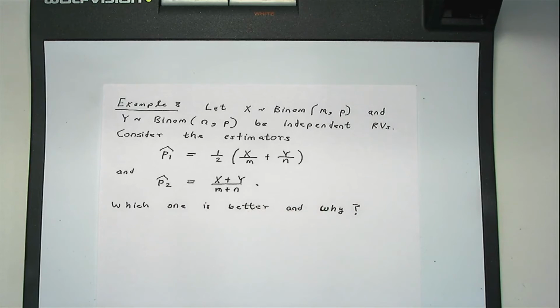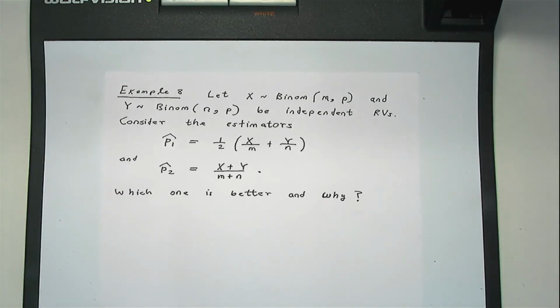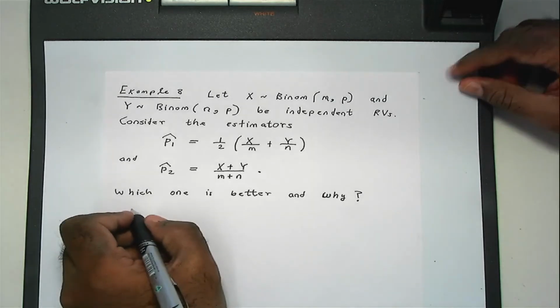So to decide which of the estimators is better, you need to compute the biases of the 2 estimators, and also you need to compute the MSEs of the 2 estimators. And then from the calculations you should be able to judge which of the 2 estimators is better. Right? So let's first compute the bias.